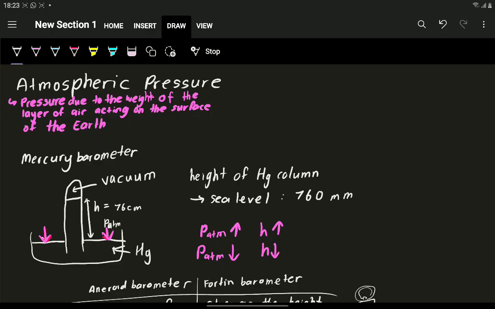So the pressure due to the weight of the air in the atmosphere is that force acting towards the surface of the earth. So that is atmospheric pressure. The force acting on the surface of the earth by the air molecules in the atmosphere.